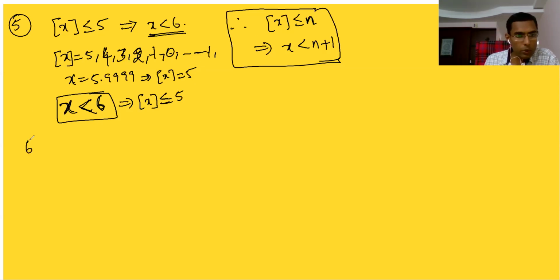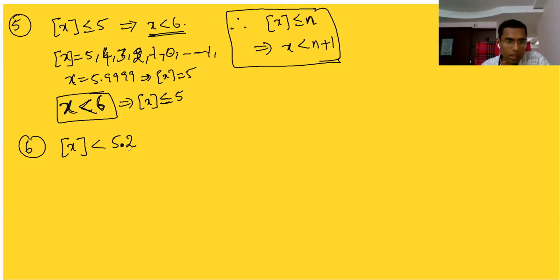But if at all you see bracket x is, let's say, less than 5.2, I'm taking less than 5.2. Now I think this is so simple, no? What is the solution for this?